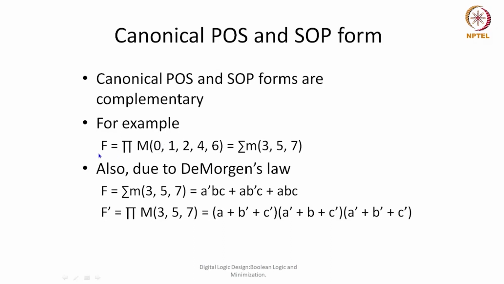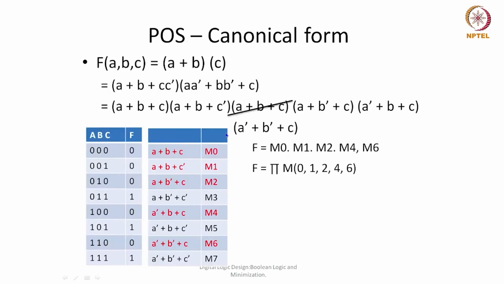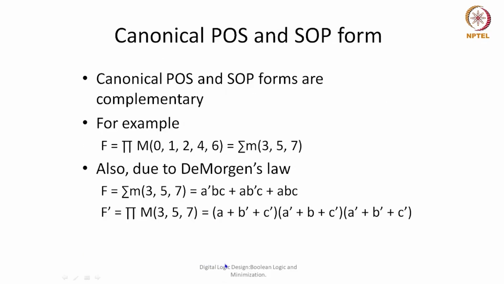So if a function f is represented as the product of M0, 1, 2, 4, 6, then this can also be represented using the sum of product terms 3, 5 and 7. So these two are equivalent expressions.